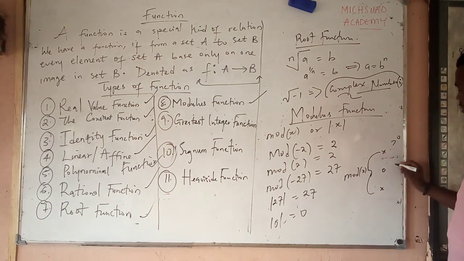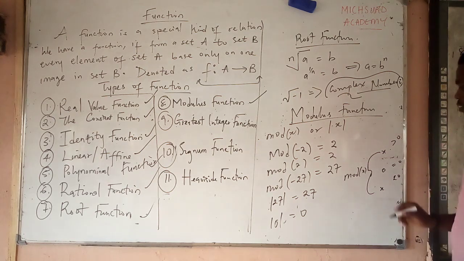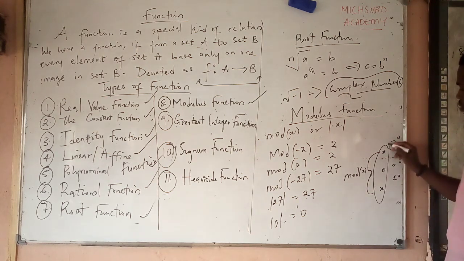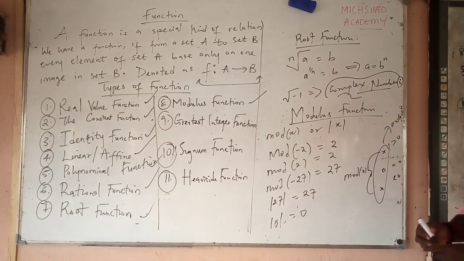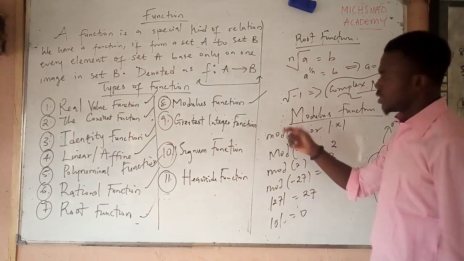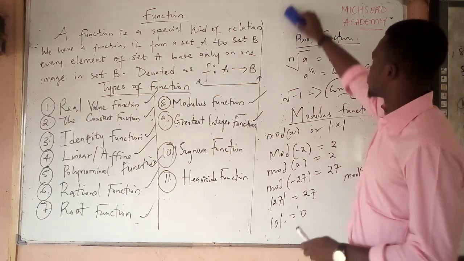If our x is equal to 0, we have 0 as the value. Then if our x is less than 0, we still have the positive x. So it means that for all the outputs, we get positive values.